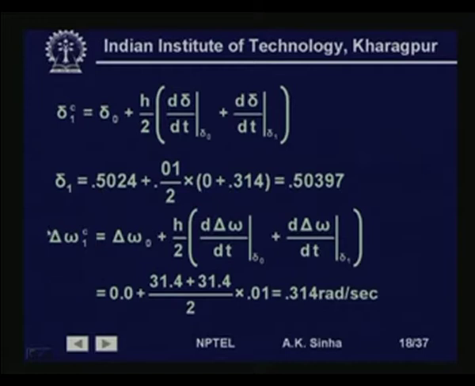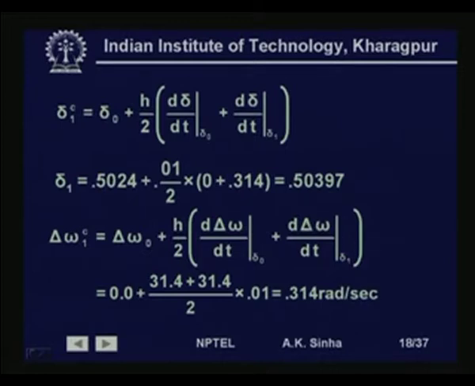And the corrected value of the change of speed from synchronous speed, delta omega 1 at the corrected value at time 0.01 second, will be delta omega 0 plus h by 2, that is delta t by 2, into d delta omega by dt at delta omega 0 and d delta omega by dt at delta omega 1.